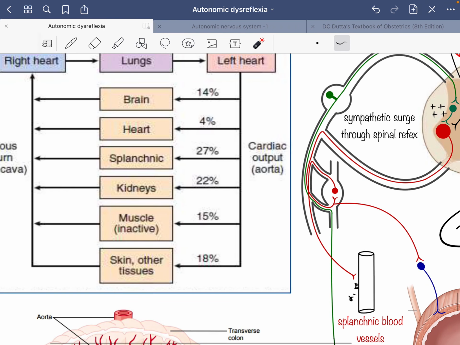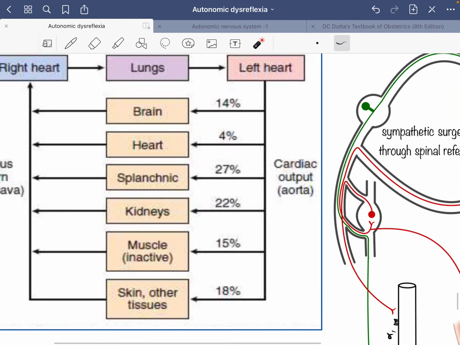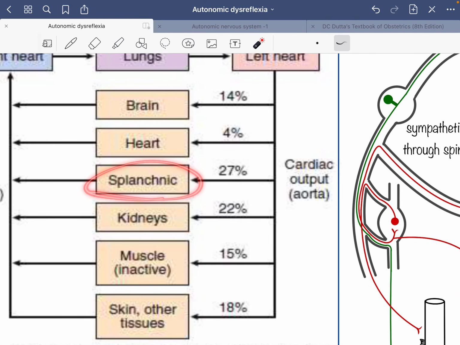And we know that your both kidneys consist of 22% of your cardiac output. That means this renal circulation will also undergo vasoconstriction. That means you have understood that splanchnic circulation, which comprises 27% of total cardiac output, and kidneys, that means renal circulation, which comprises 22% of your total circulation.